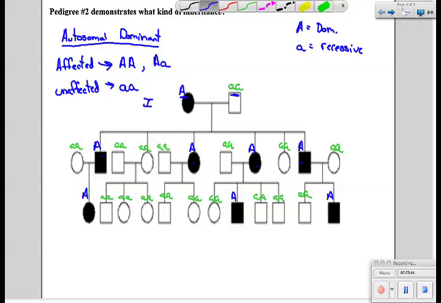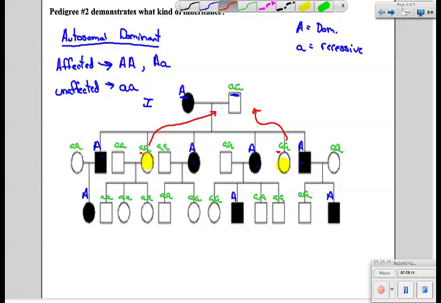Now, some of their children, most noticeably this daughter and this daughter, are unaffected. Where did their genes come from? Well, one of the little a's had to come from this parent. The second little a must have come from the other parent, because recall that during meiosis, the two copies of a gene segregate so that each egg or sperm has only one copy of that gene.